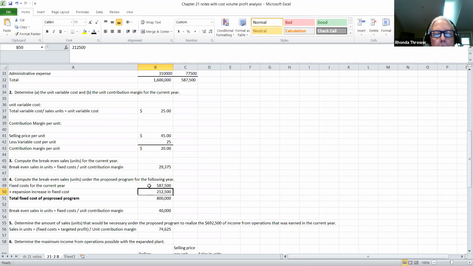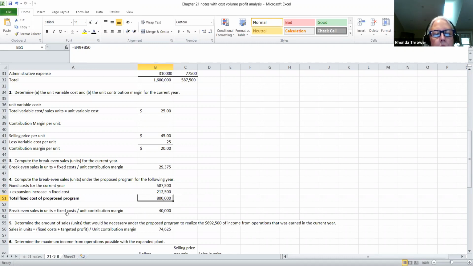That's where I'm getting this figure here. When you combine what the costs were before the expansion and the costs incurred after the expansion, that will give you the total fixed cost of the proposed program, which is $800,000. These two are added together to get the $800,000.